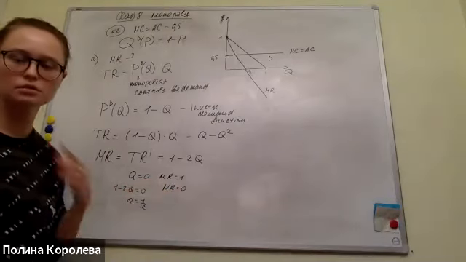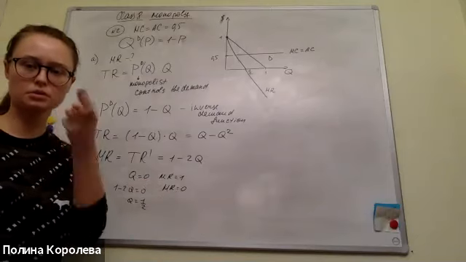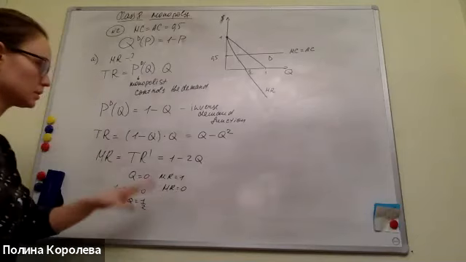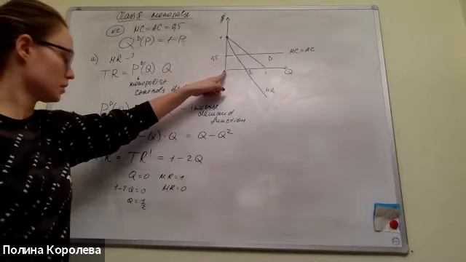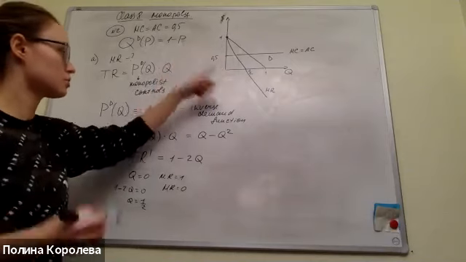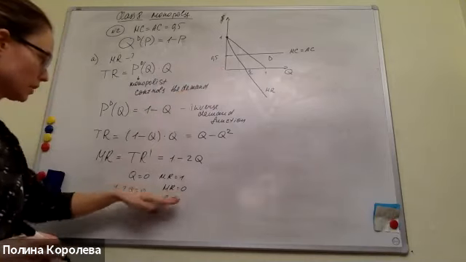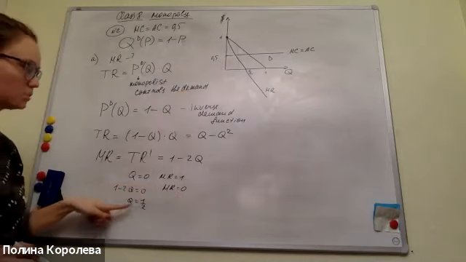Marginal revenue we count in dollars. Yes, it's the revenue increase, the change in revenue, and we count it in dollars. So the change in total revenue equals 0 when quantity equals 1/2. This point. Okay, thank you.